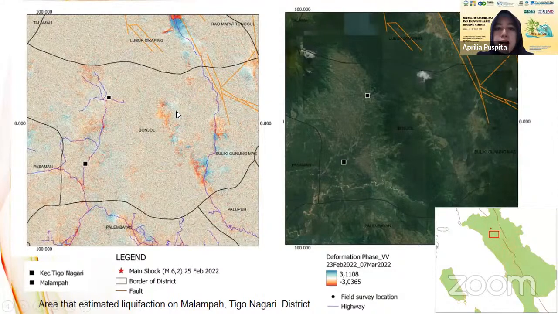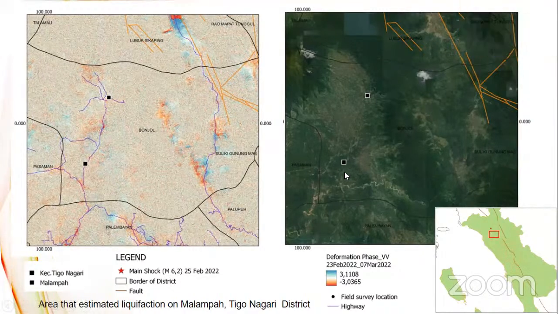We can see the upstream area. Maybe this is the upstream area experiencing subsidence, and the blue area is the area that has uplift because of the deposit of landslide material.